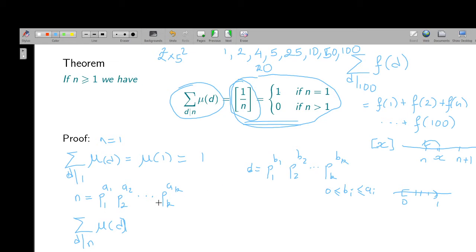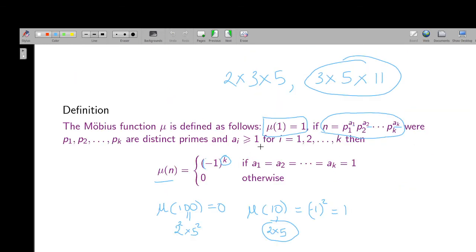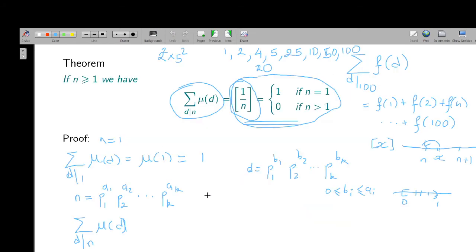Now we know that only square free numbers come into play for mu. If a number is not square free, then mu of that number is 0. So we only need to bother about the divisors of n which are square free.